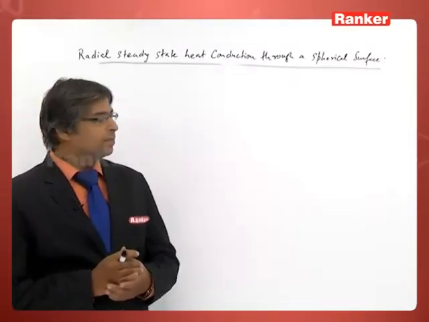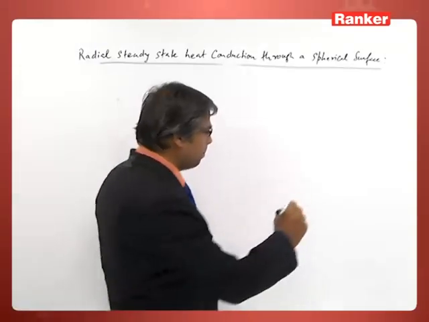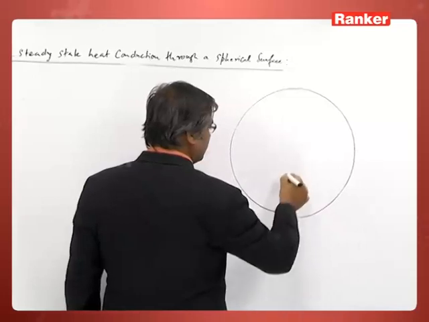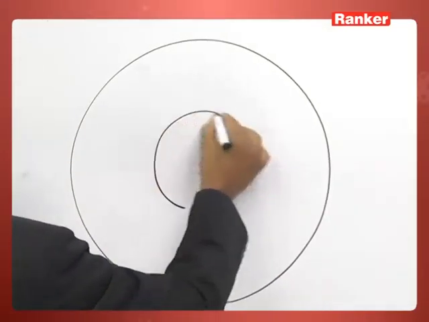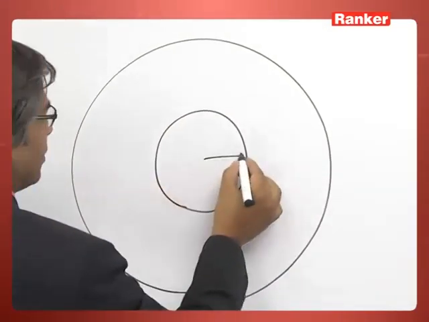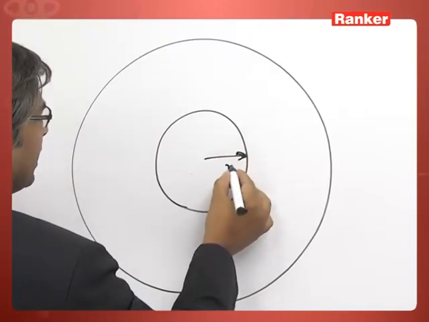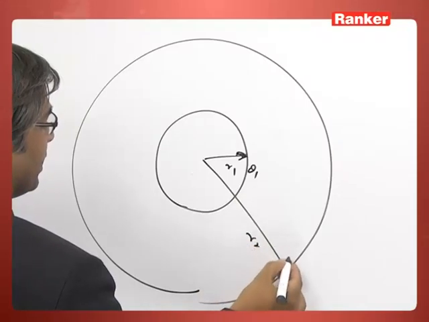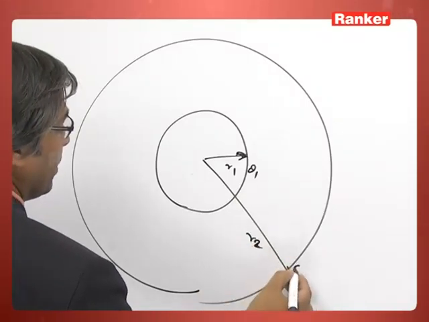So, this is how heat conduction in a spherical conductor takes place. Now, let us see one more example. Here I have again the same spherical conductor with R1 as the inner radius whose temperature is theta 1, and R2 is the outer radius whose temperature is theta 2.